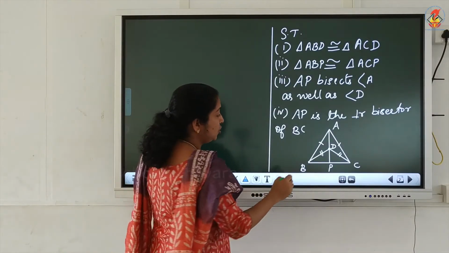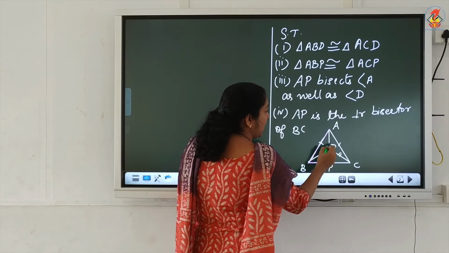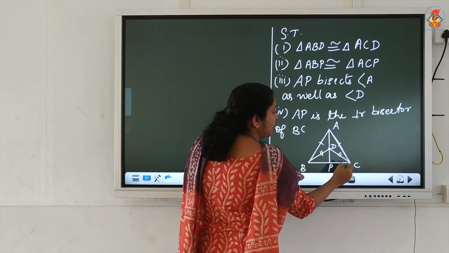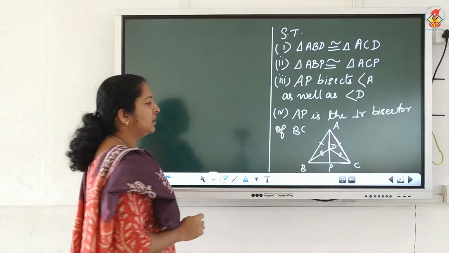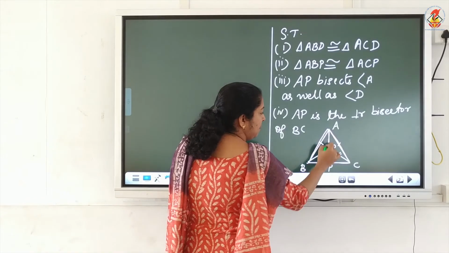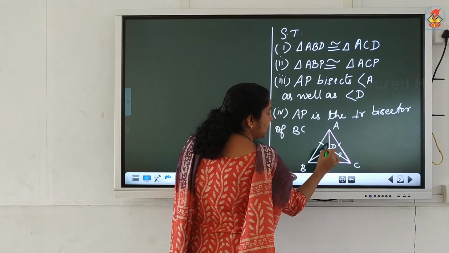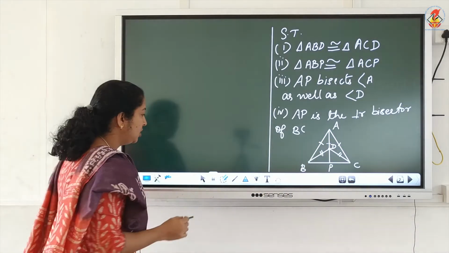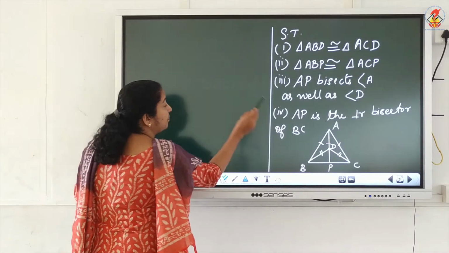What's the next one? Triangle ABP is congruent to triangle ACP. So what can you take here? In ABP and ACP, this side is common, and already AB is given equal to AC.